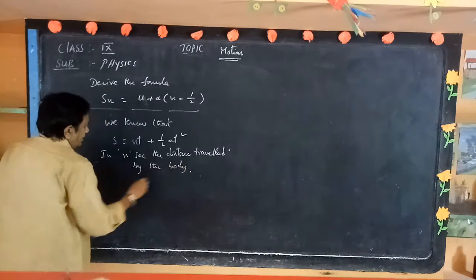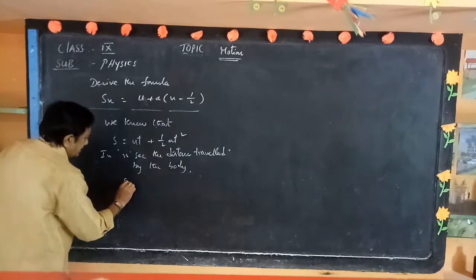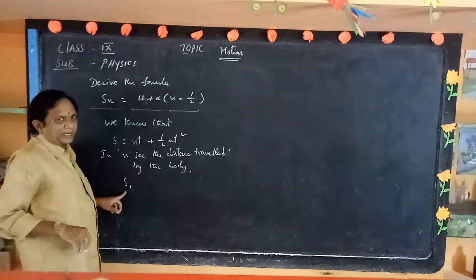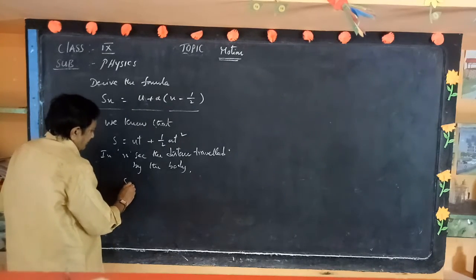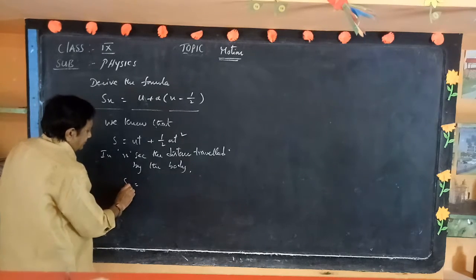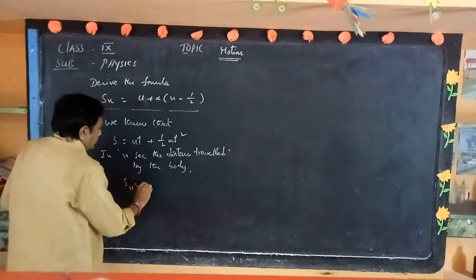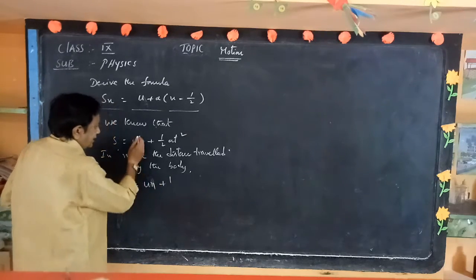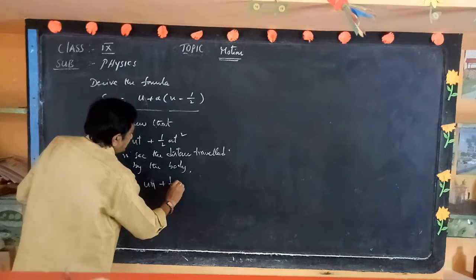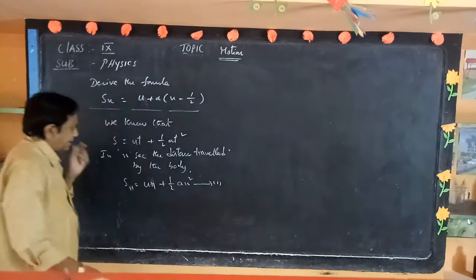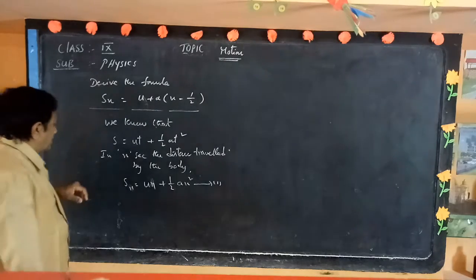The distance traveled by the body is taken as Sn for n seconds: ut means un, instead of t write n, plus half a into n square. Let it be equation number 1.